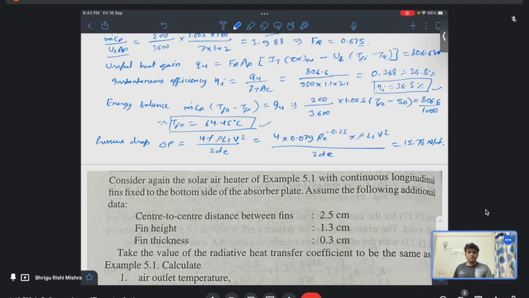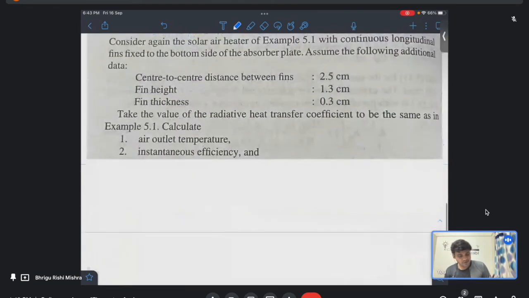Okay, so the next example is the same question with longitudinal fins. We will check the effect of fins on the same air heater. So this is the question.